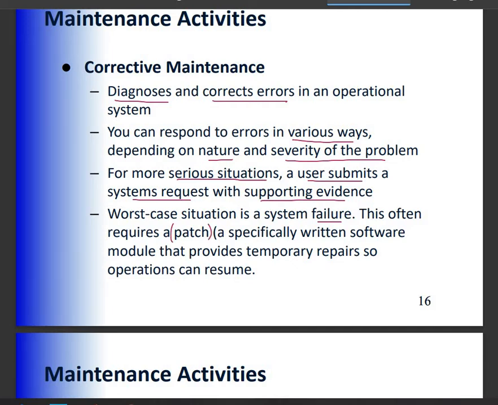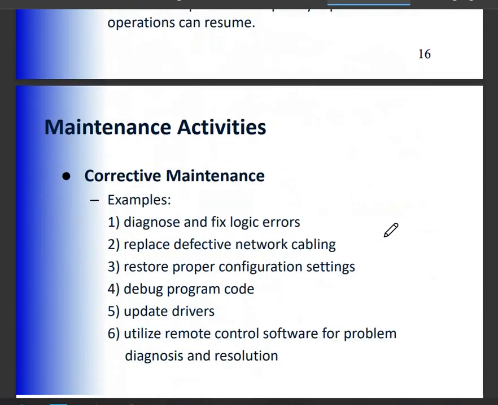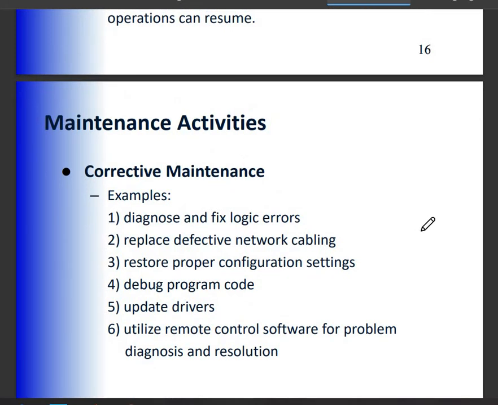So, apa itu tampalan? A patch is a specifically written software module that provides temporary repairs so the operations can resume. Okay, kita tampal secara sementara. Dekat mana yang failure tu kita patch. Okay. Alright. So, these are the examples of corrective maintenance.